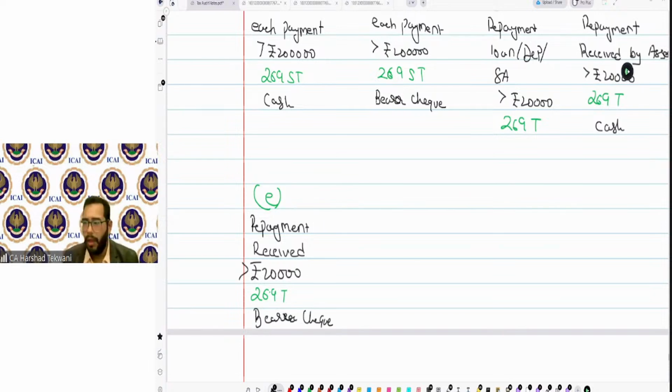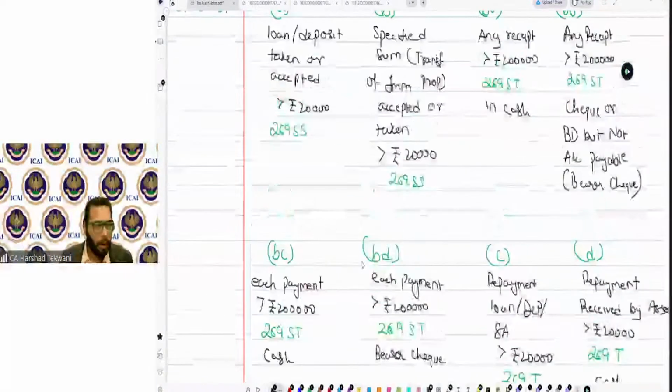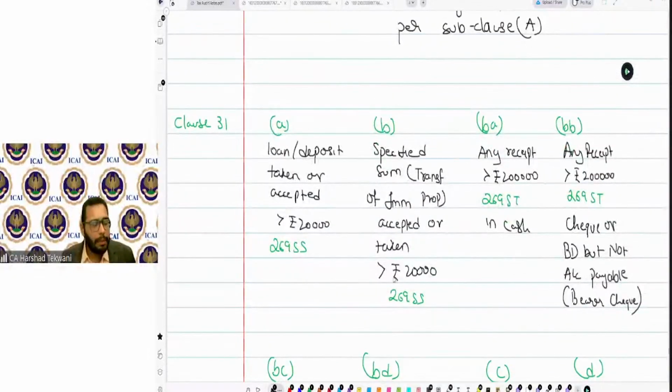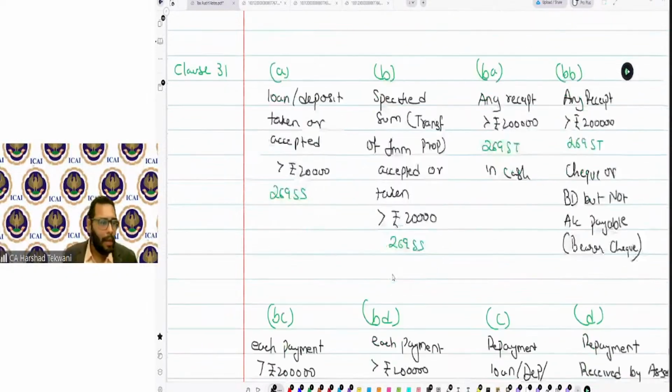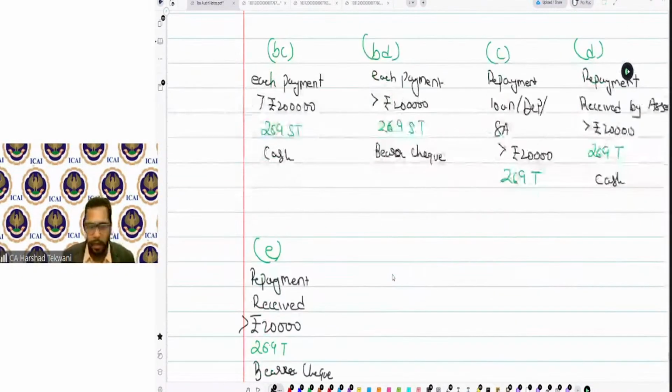Okay, that is not an account payee check or bank draft. That is covered under 31E. So this is the summary of clause 31. A, B, BA, BB, BC, BD, C, D, and E.